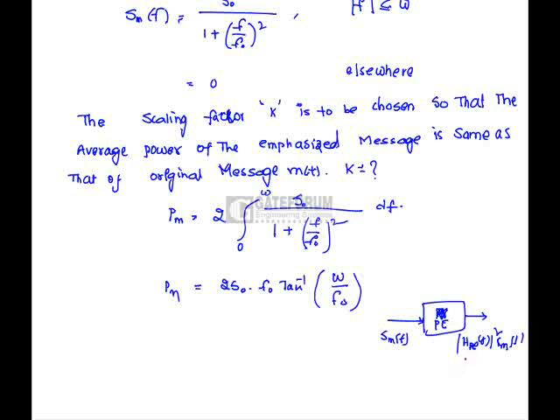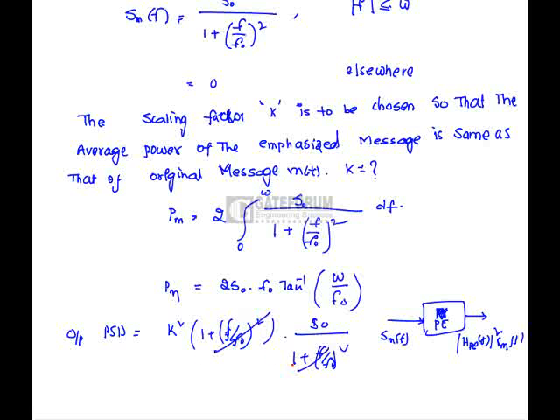That is, the output PSD of the pre-emphasis filter is k square (1 plus f by f naught) whole square times S naught by (1 plus f by f naught) whole square.